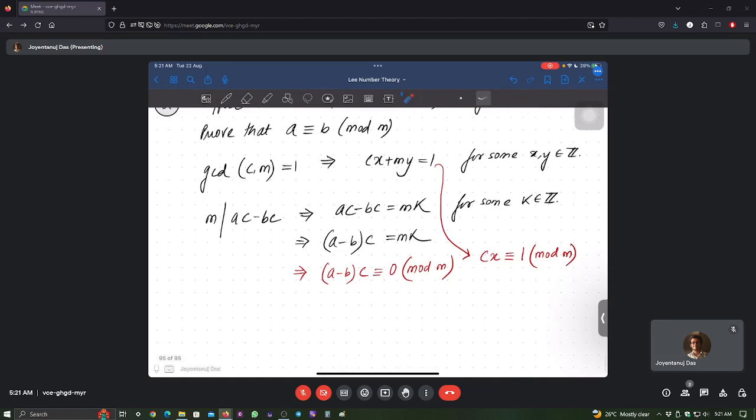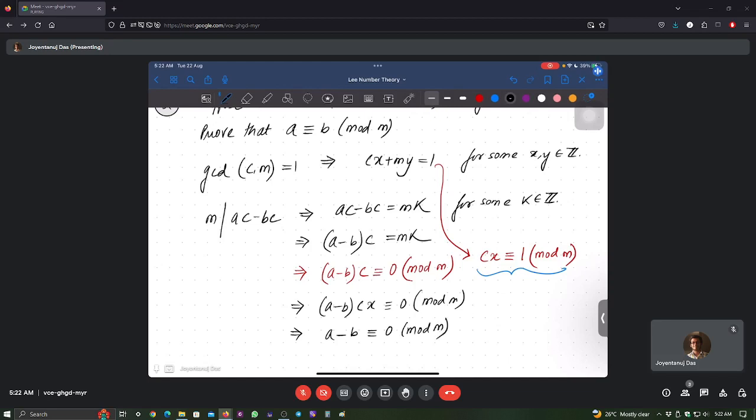So now, if I multiply by X on both sides, this will still be 0 modulo M. But I know that CX is 1 mod M, so this will go into the next equation. So A minus B is congruent to 0 mod M because CX is 1.